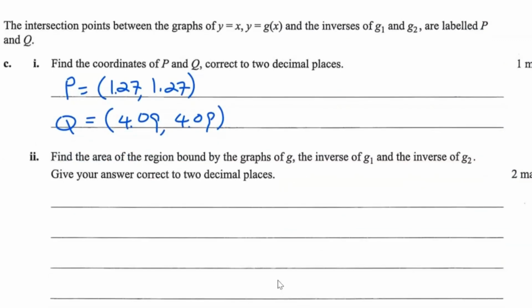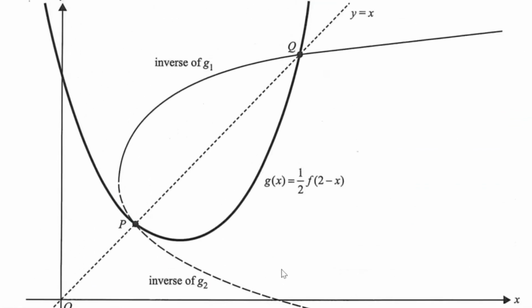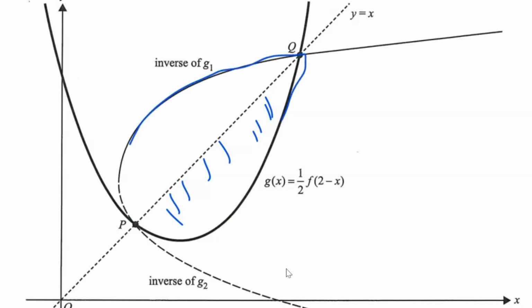Alright, find the area of the region bounded by the graph and the inverse of g. If we find this area, that's the inverse. So this is the area, where they are actually a mirror reflection of each other.